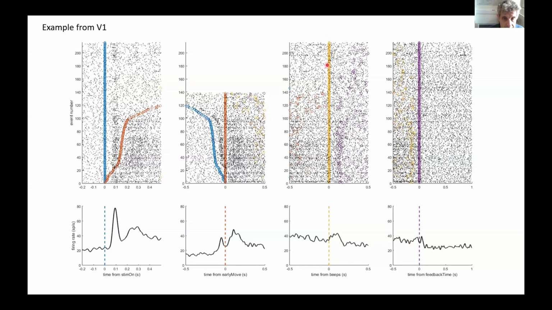If you look now at the time of the actual reward delivery, not much seems to be happening. Maybe there's something going on here, but if we look at this one, it looks like it's perhaps more closely aligned to the time of the lick than it is to the reward delivery.